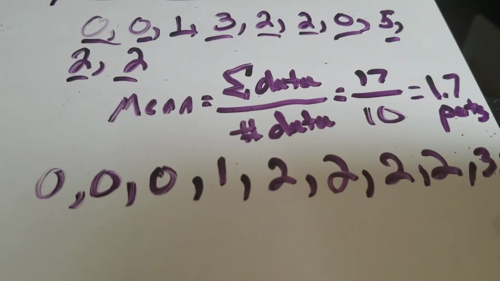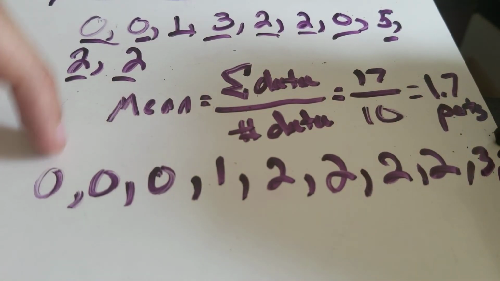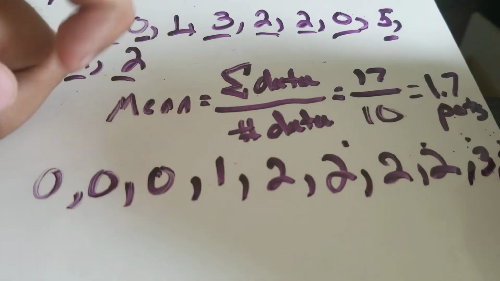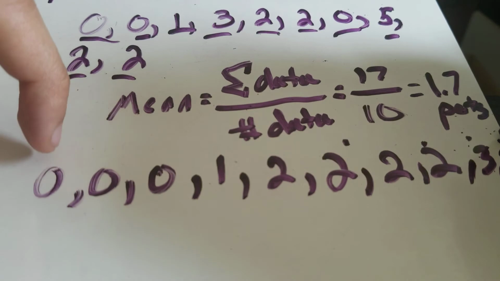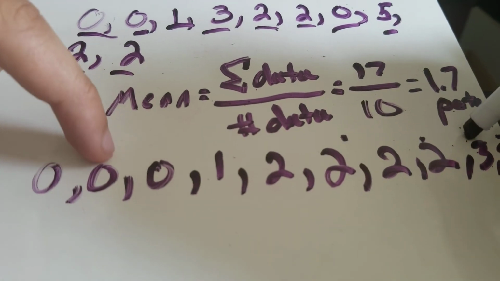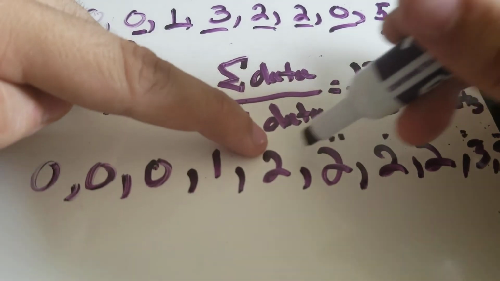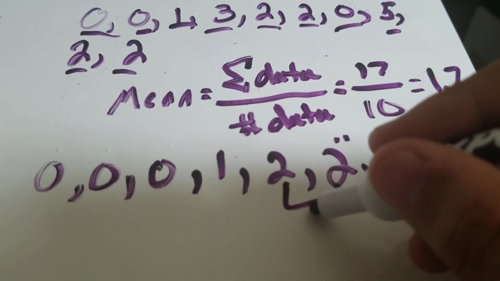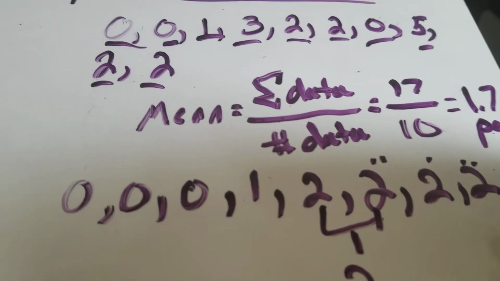Now, the median is what it sounds like: it's in the middle. So I'm going to go to the middle from the outside in. 1, 2, 3, 4, 5, 6, 7, 8, 9, 10. So 0 and 5, 3 and 0, 2 and 0, 2 and 1, 2 and 2. What's in between 2 and 2? Nothing's in between 2 and 2. So your median is 2.